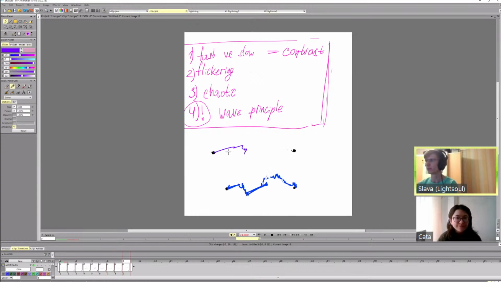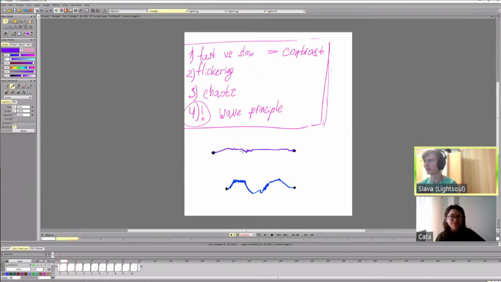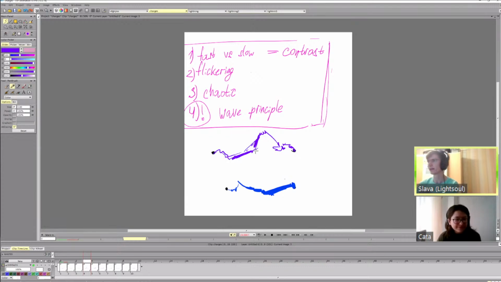And now we push this wave to the right. And we can add a secondary wave. So we can add smaller charges here and there to make it look more interesting and complex than a single line. So kind of adding smaller, thinner lines to complement our animation.